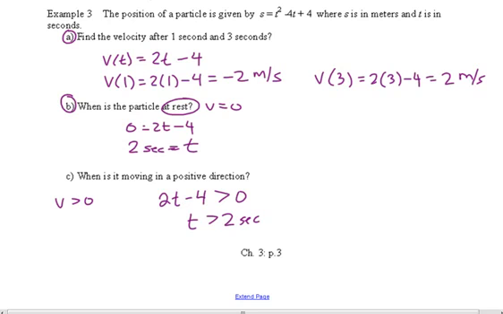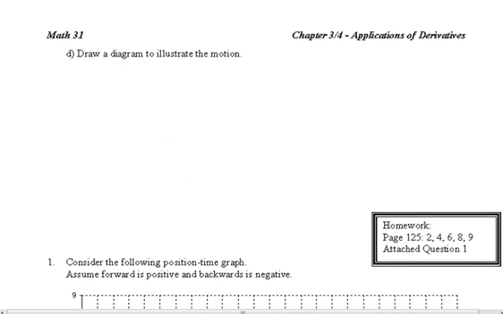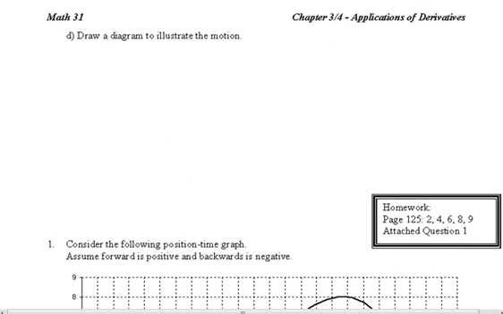We're going to draw the one-dimensional diagram. So draw a diagram to illustrate the motion. So for sure we want to include 1 and 3, as well as 4. Let's go 1, 2. We're going to use parts from Chapter 3 and Chapter 4 in this unit of your textbook.